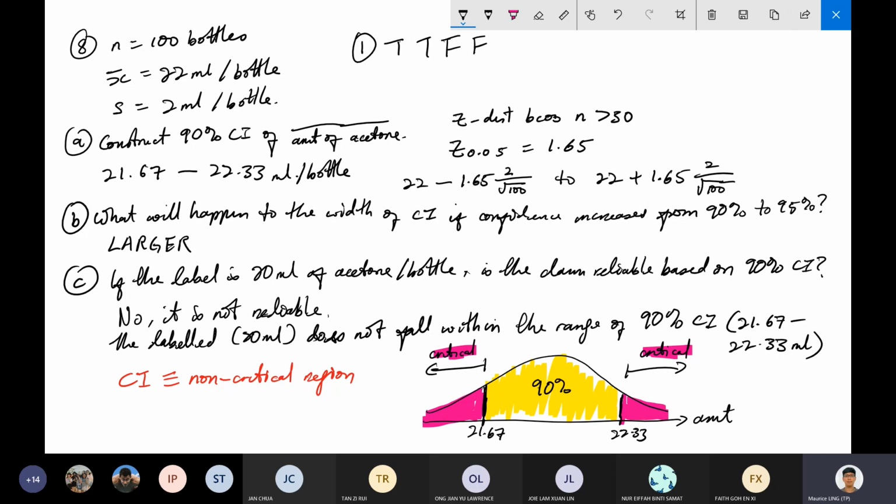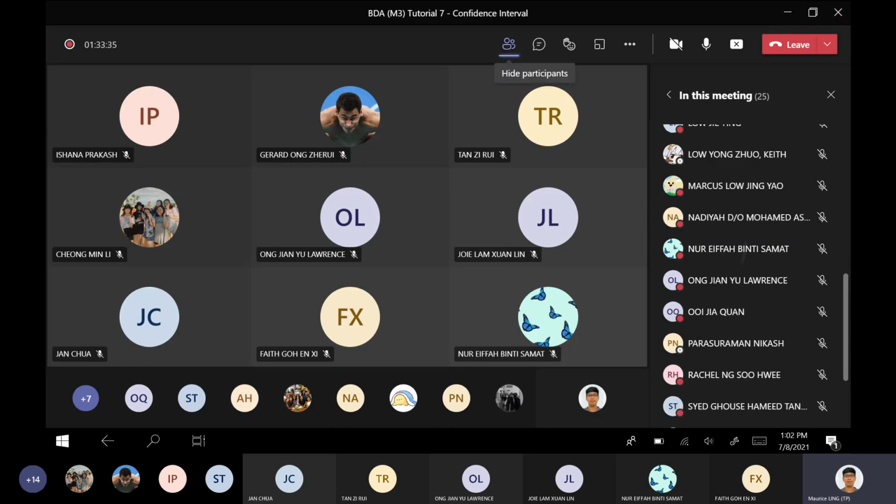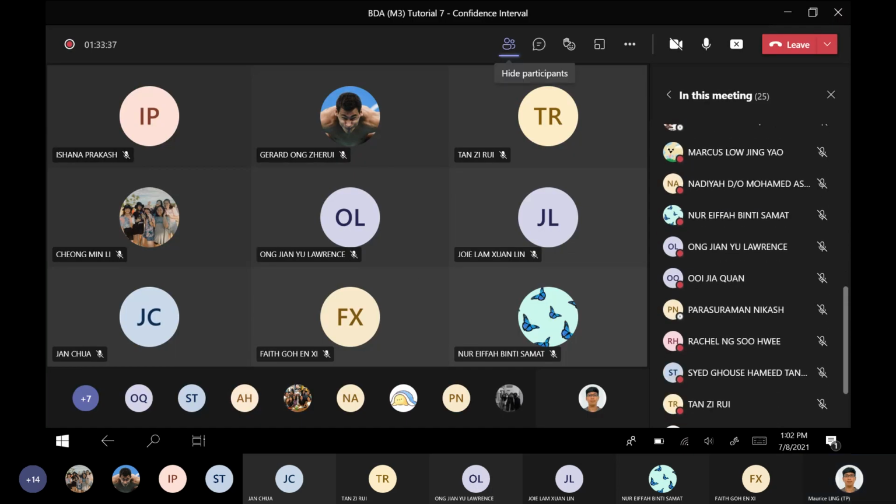Question E. The statement, the 95% confidence interval for a population mean is from 83 to 90, is equivalent to the statement there is 95% probability that the population mean is between 83 to 90. True or false? Rachel?